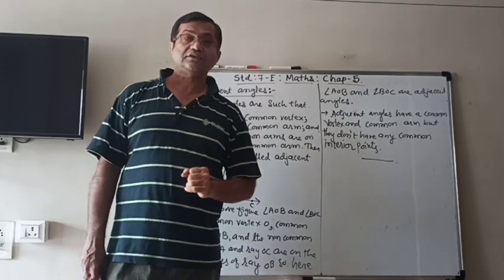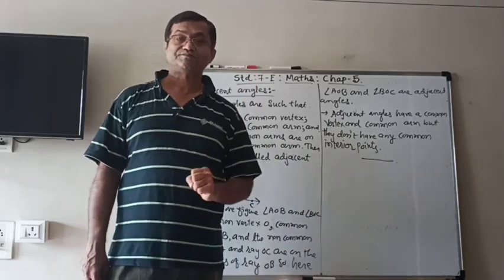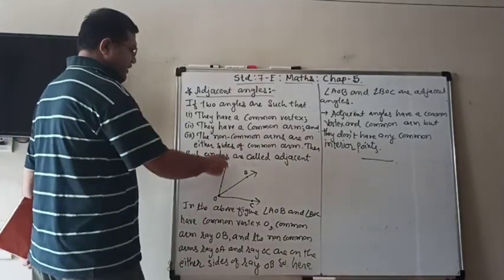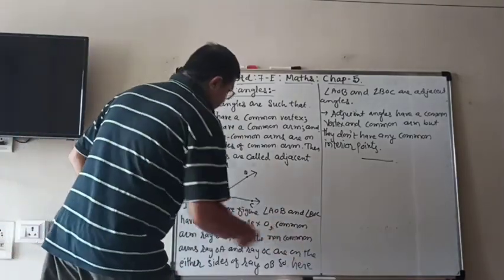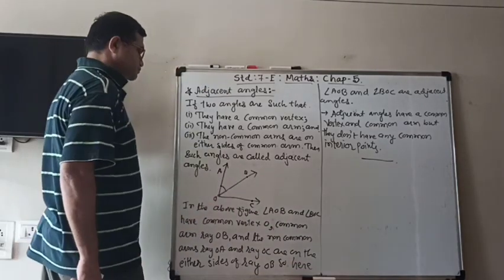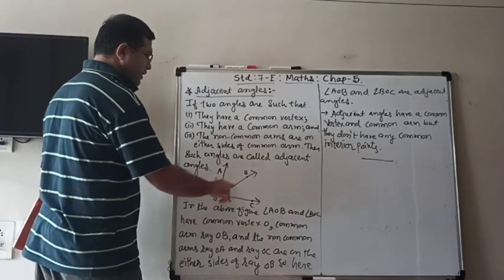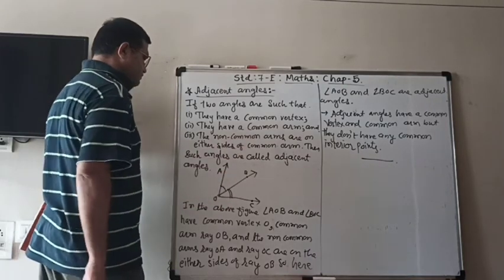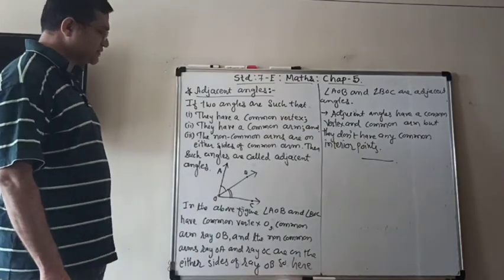Let us understand with the help of the figure. Here you can see that I draw these angles. This one is angle AOB, and the other one is angle BOC.